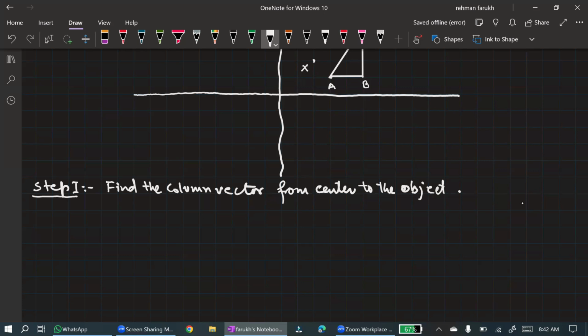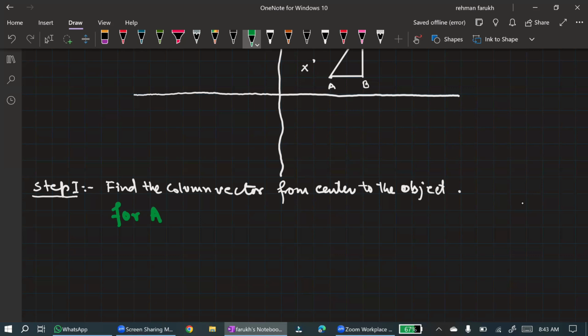Step 2. Consider the point A. For A, what is the column vector from X to the object? Sir, 1, 1.